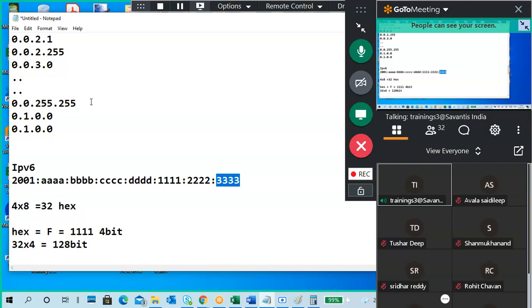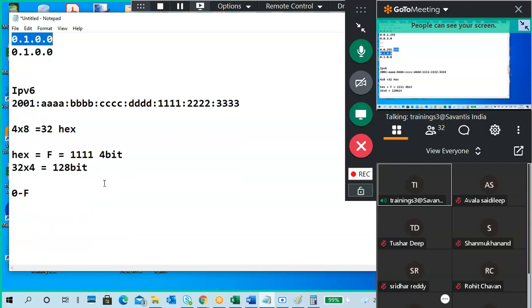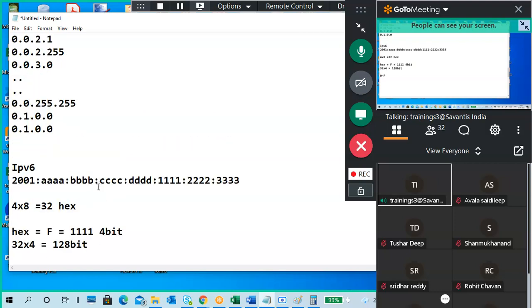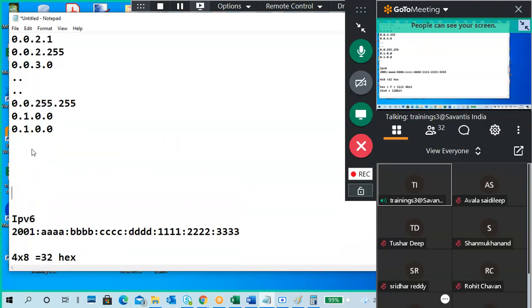Don't think of decimal numbers like 255, or you may get confused. Go with binary and hexa. 255 means 8 ones, which in hexa is FF. Each F is 4 ones, right? I think you got the point.